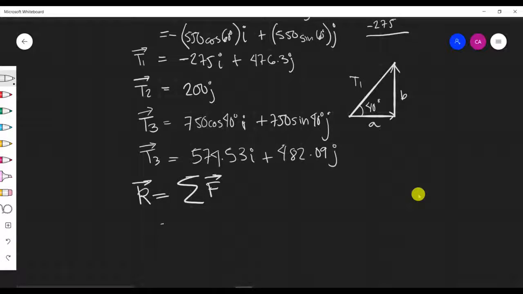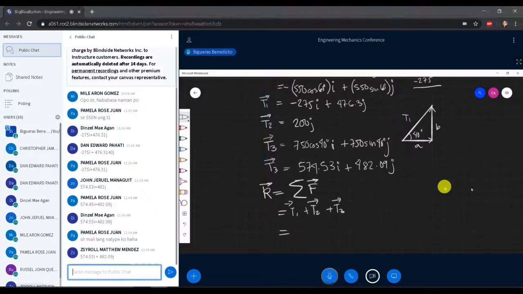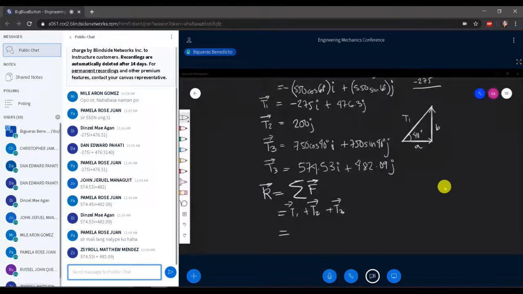So, ibig sabihin nun, in this scenario, T1 plus T2 plus T3. Paki-add naman, i-add nyo na. T1, T2, and T3. What would be the answer?